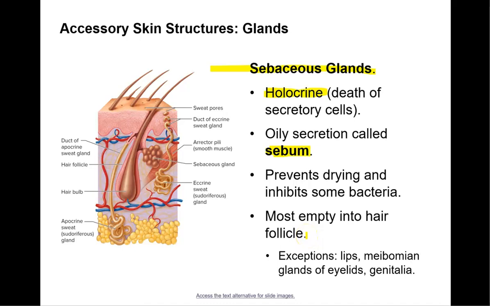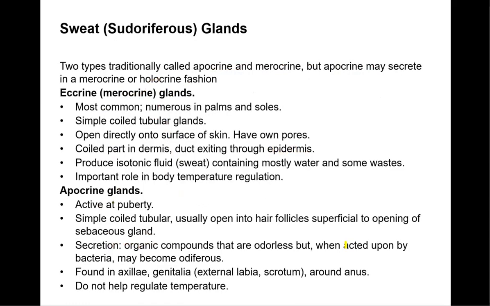Most of the oil glands empty into a hair follicle, with the exception of the lips, the meibomian glands of the eyelids, and the genitalia. These are where you would find sebaceous glands that are not attached to a hair. Then there is the sweat or sudoriferous glands, and there are two types. The watery sweat is produced by eccrine or merocrine glands, and those, remember, no part of the cell is shed.